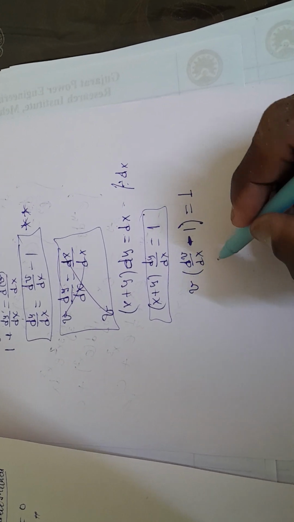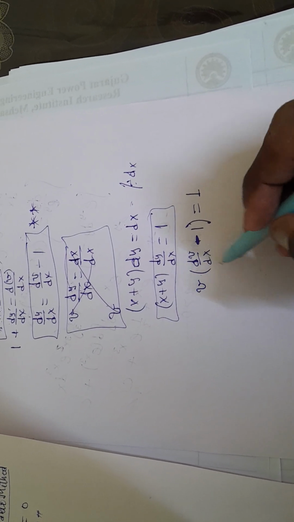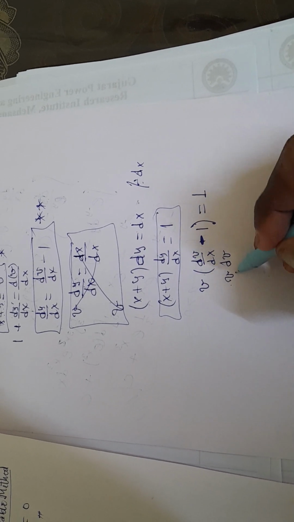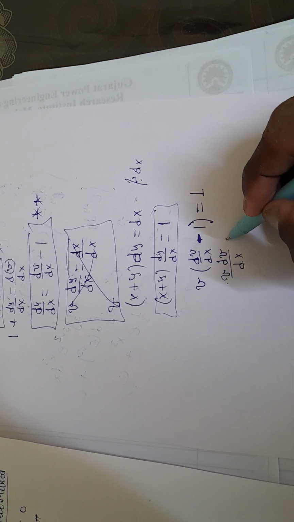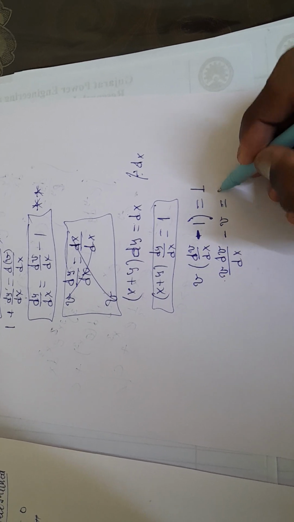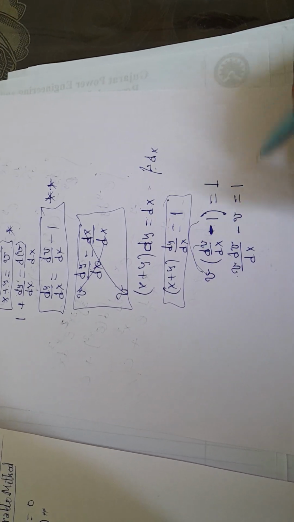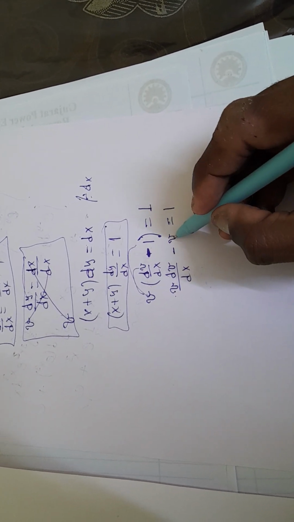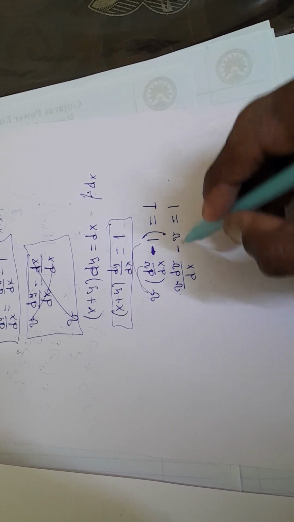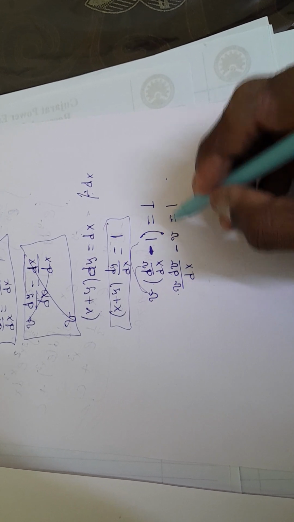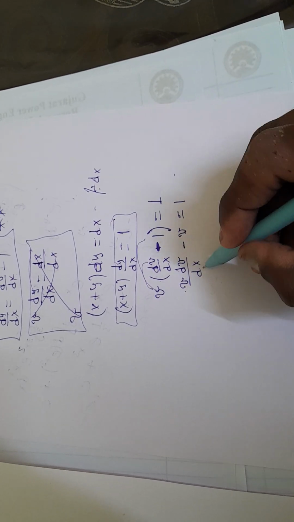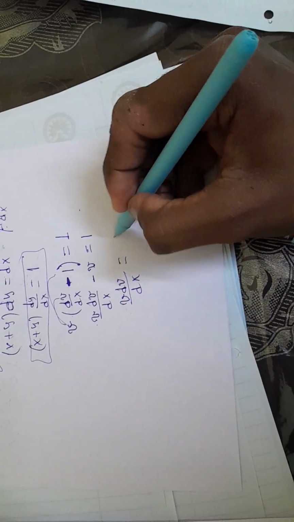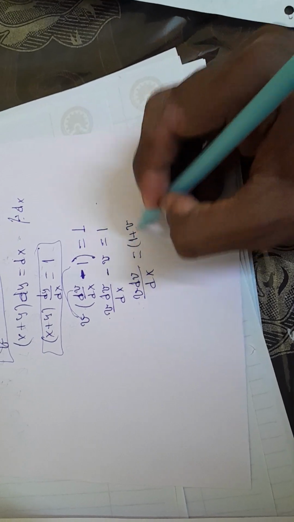So what's the next step? This will be v dv upon dx minus v equal to 1. Now we have just to regroup. This expression can go there, and this goes there also. This will be v dv upon dx equal to 1 plus v.